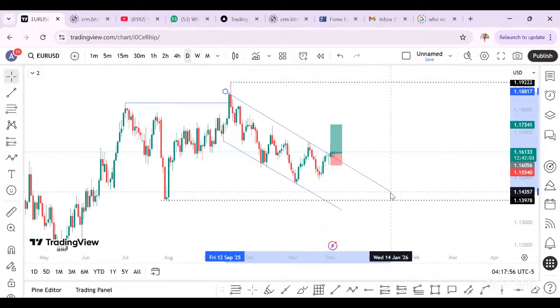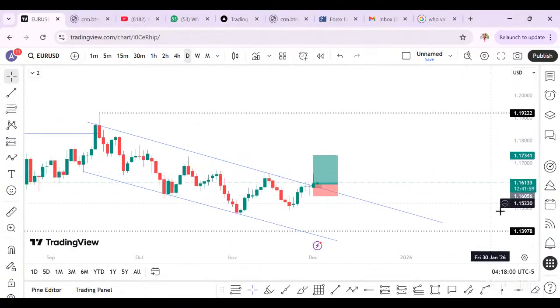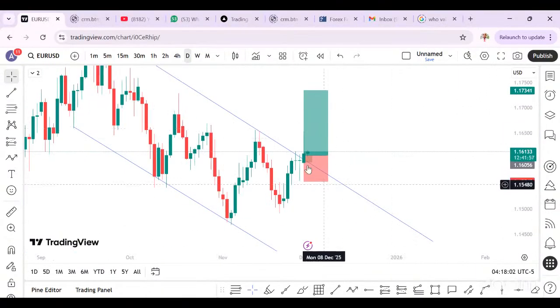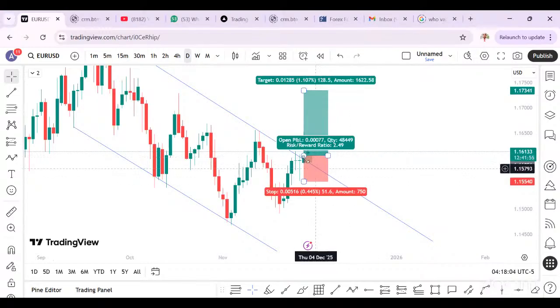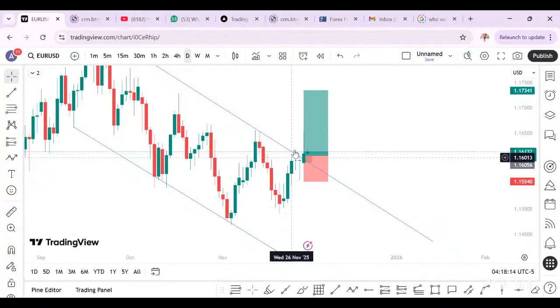So irrespective of how you draw the trend line, I can tell you that the candle closed above. You can see this one. If we draw it like this, you see how we rejected, but yesterday's candle closed above it.